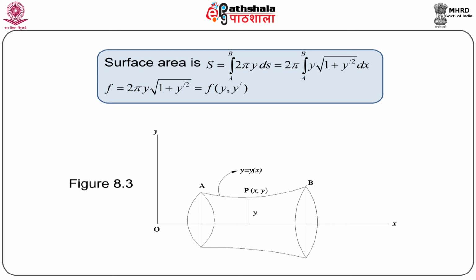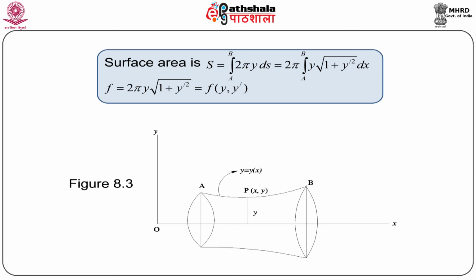Y dash means d by dx of y. Therefore, here the functional f becomes 2 pi y into root over 1 plus y dash square, which is a function of y and y dash.